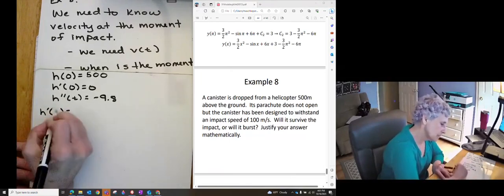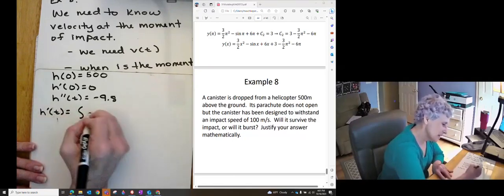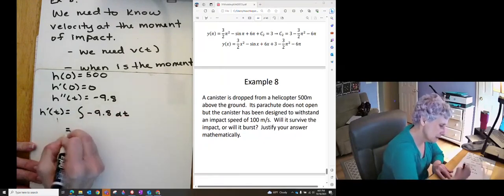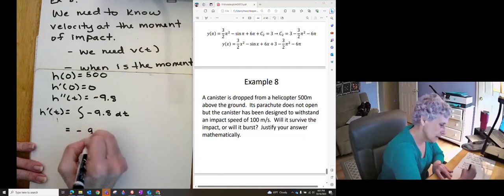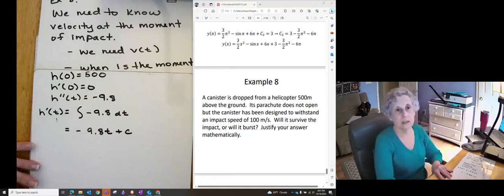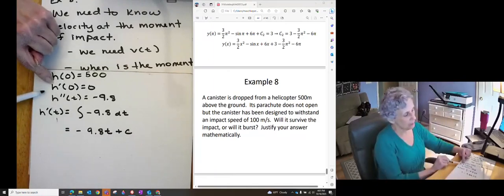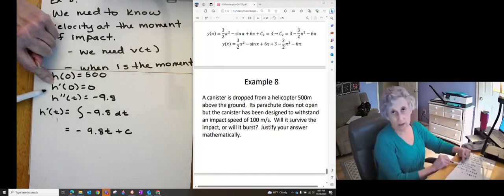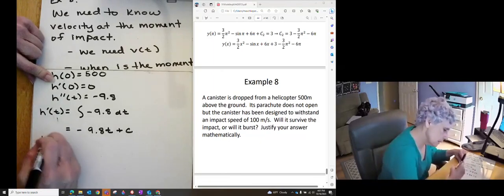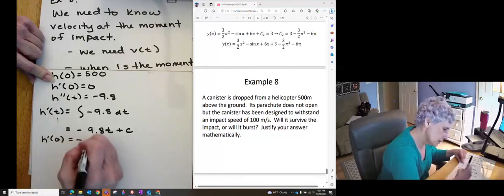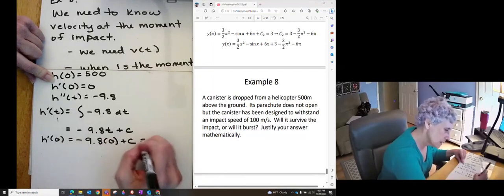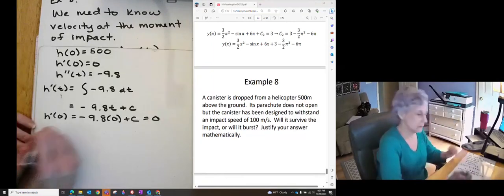h primed of t is equal to the integral of negative 9.8 dt. So that would be negative 9.8 t plus a constant. But I know that the velocity, or the derivative of height, at time 0 is 0. So h primed of 0 equals negative 9.8 times 0 plus c needs to be equal to 0.